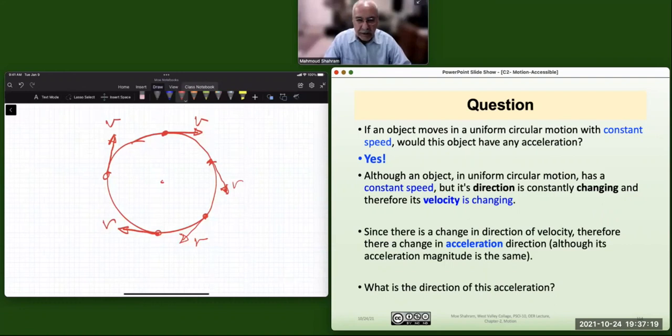Which direction is that acceleration? It turns out that acceleration for this uniform circular motion is always perpendicular to the velocity, and it's towards the center of that circle. So these are the accelerations that are changing. Now, the value of acceleration in this uniform circular motion is the same. Magnitude is the same, but the direction is changing.